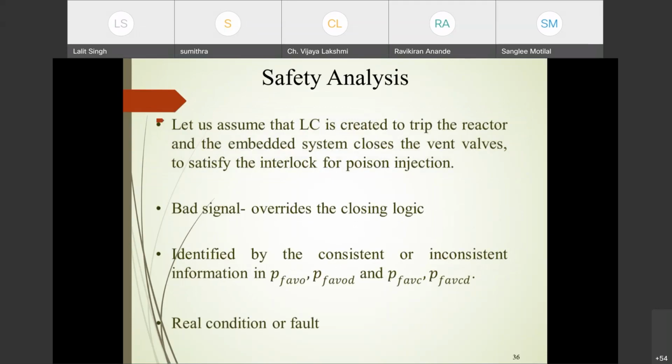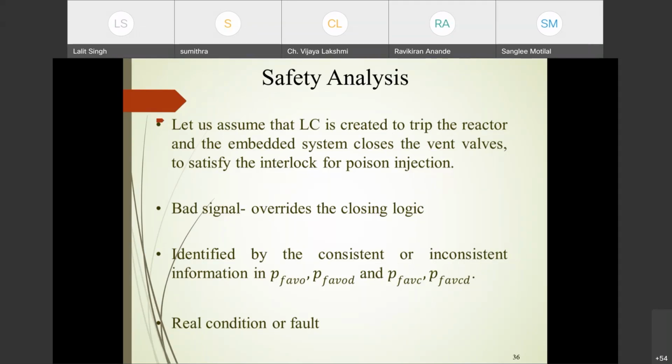But again, we have to evaluate, because it is a safety critical system and we need to investigate my system from different angles. As I said, the first principle is that I need to stress my system. So suppose, let us consider a worst scenario where my logic condition is created to trip the reactor and the embedded system closes the vent valves to satisfy the interlock for the poison injection.